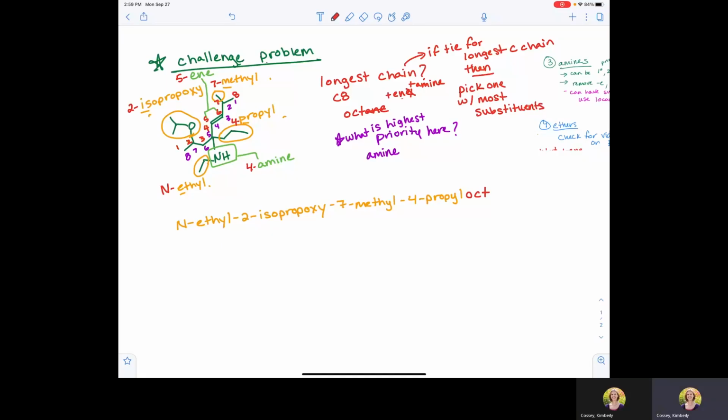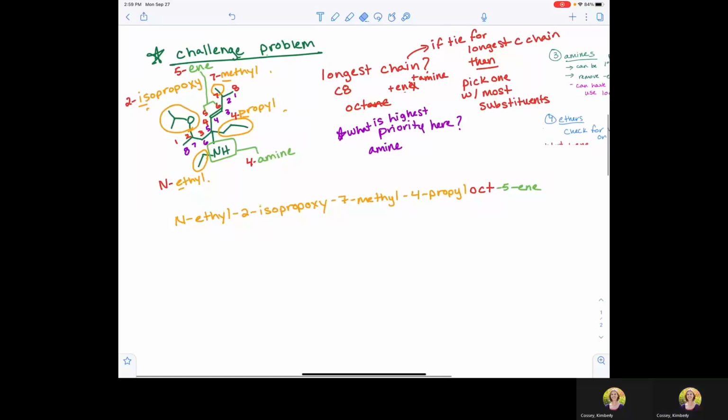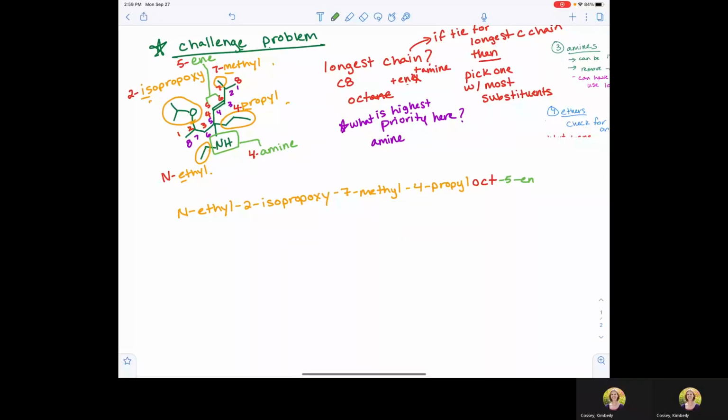All right, so oct, and then the next one's going to be the endings. So for the endings, which ending do we put last? The amine, right? Because that's the priority. So we got to put the ene first, and then we'll put the amine. So it's going to be 5-ene, but take out the e. And then the last one's 4-amine.